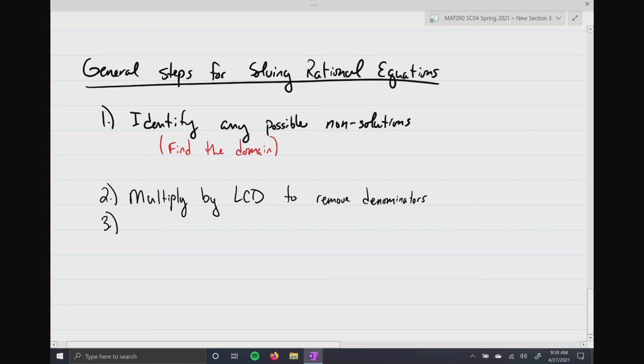Step 3. And this is where it's very general. You're going to solve accordingly, meaning if the problem's linear, then use your steps for linear equations. If it's quadratic, then use your steps for solving a quadratic.